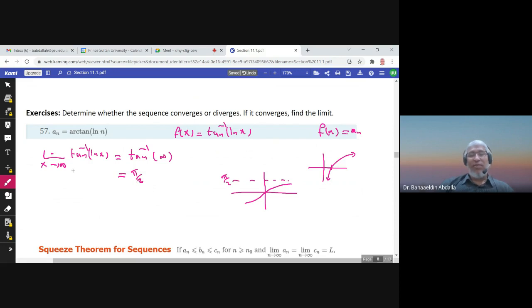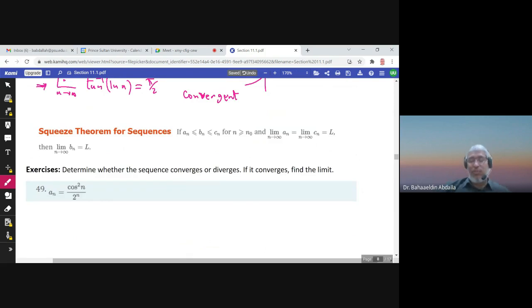So in fact, the limit of tan inverse ln x is pi over 2. So this means that the limit when n goes to infinity of tan inverse ln n is also pi over 2. And this means the sequence is convergent and it converges to pi over 2.